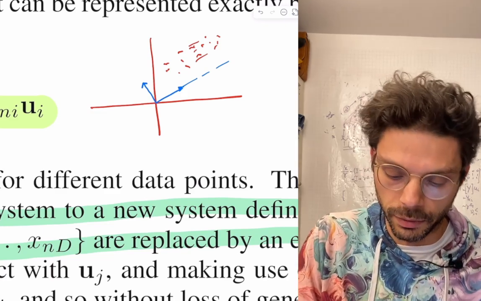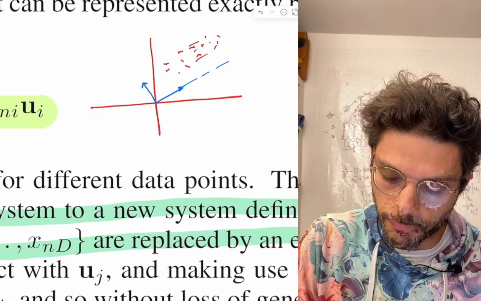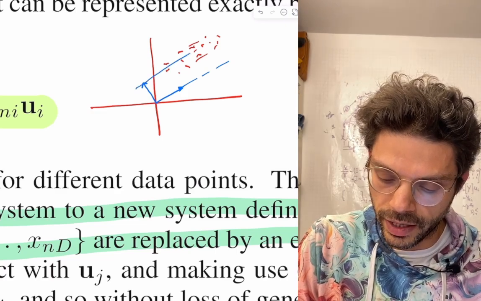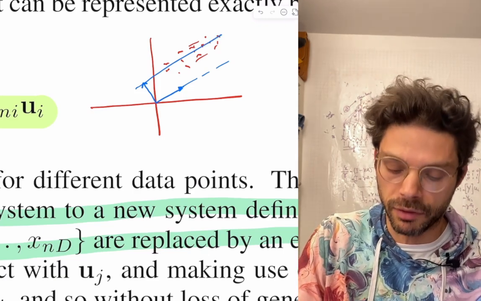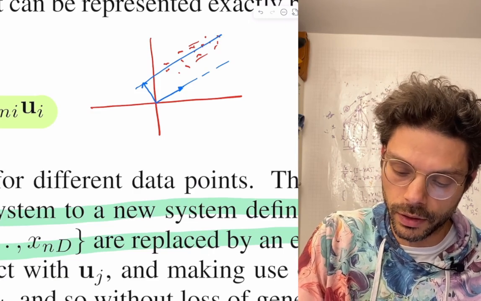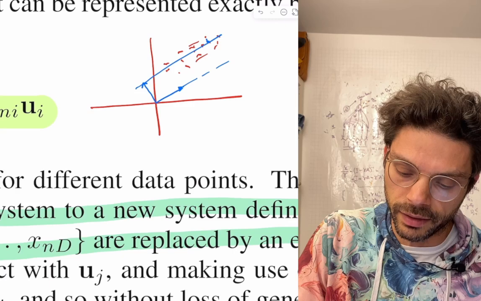So we'll end up approximating the points in this data set as lying along this line, and that line is determined by the mean of the data along that direction. And each of these points is just going to get projected down or up.